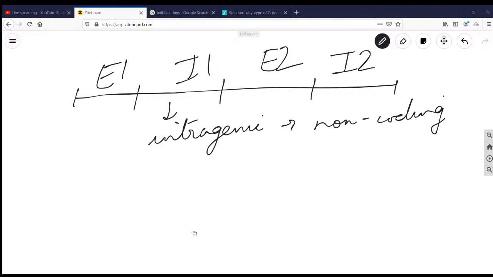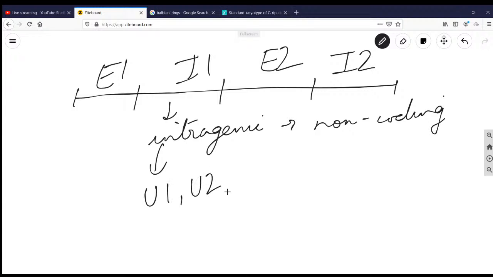In certain cases you have self-splicing introns also, type 1. But you have spliceosome, ATP-requiring introns. The spliceosome complex is the most important.